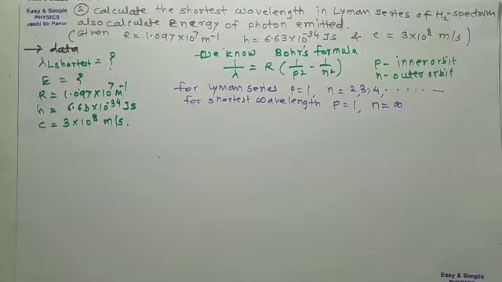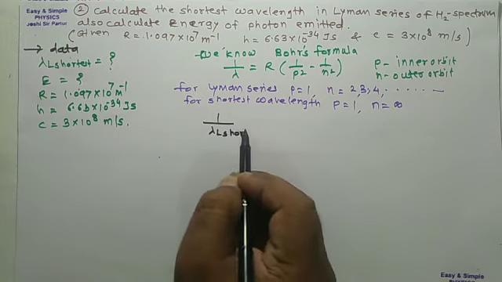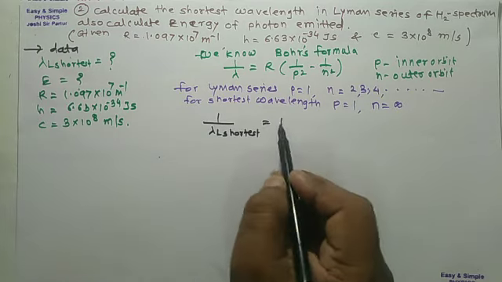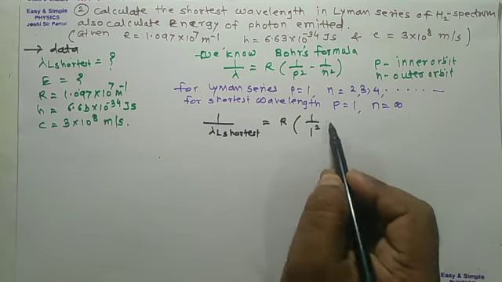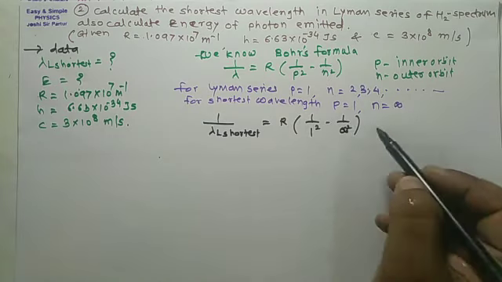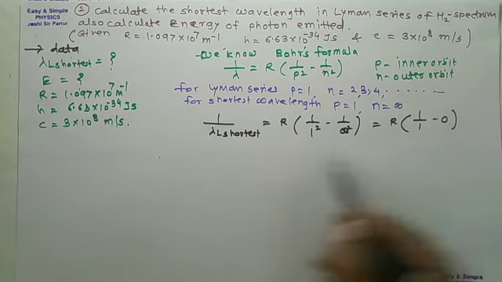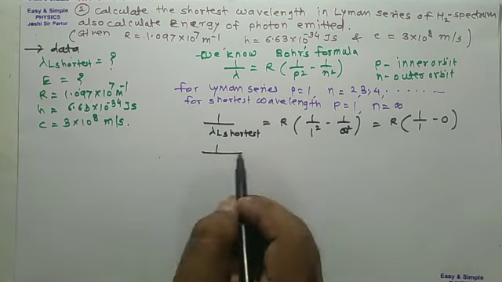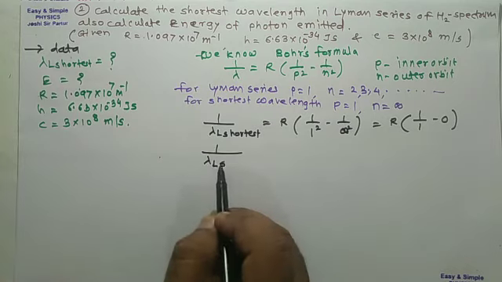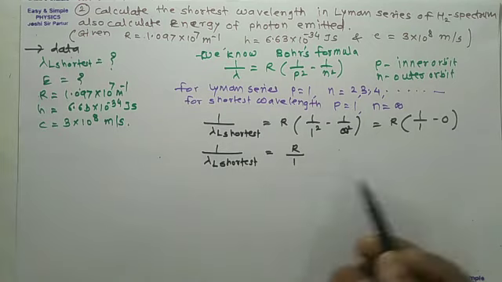So we can write 1 upon lambda L shortest is equal to R in bracket 1 upon 1 square minus 1 upon infinity square. So which is R in bracket 1 upon 1 minus 0. So here 1 upon lambda Lyman shortest is equal to R upon 1.